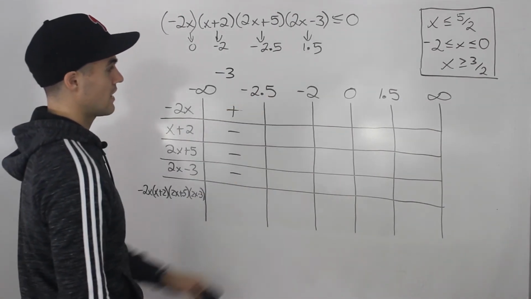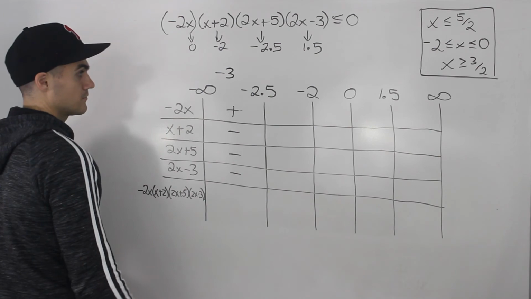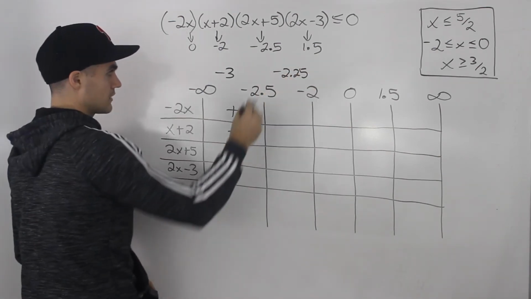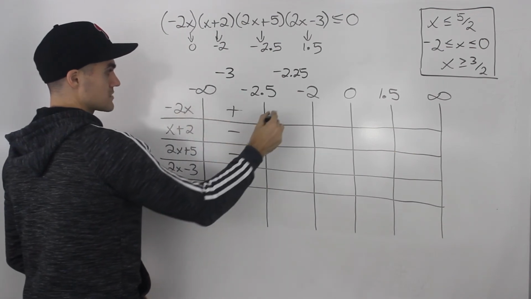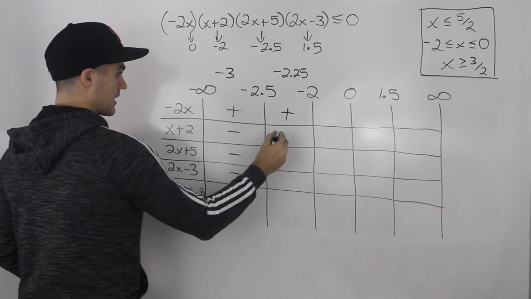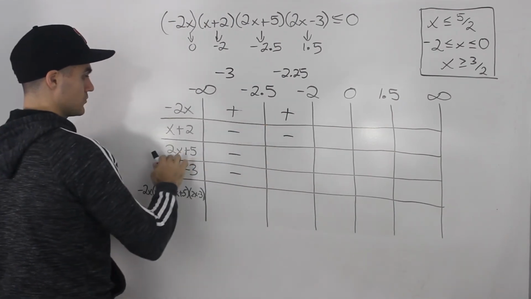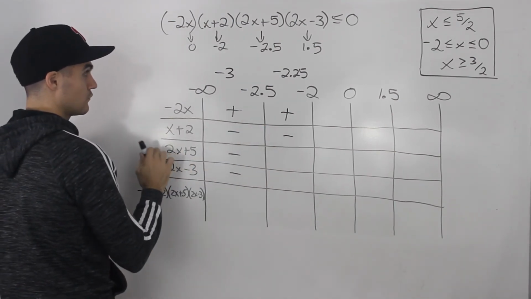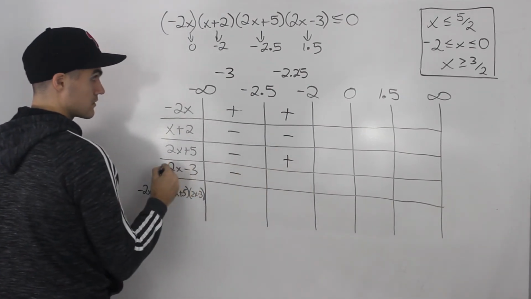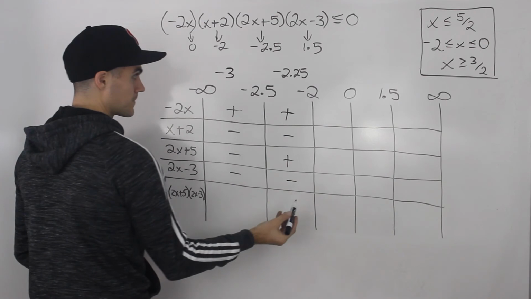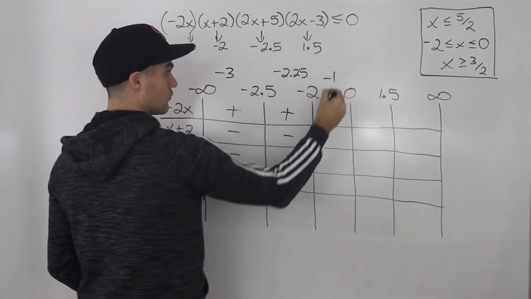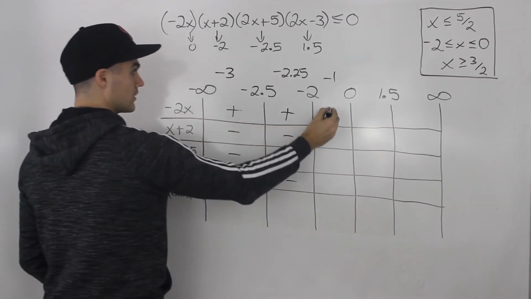Between negative 2.5 and negative 2, let's do negative 2.25. So negative 2.25 times negative 2, that gives us positive 4.5. This would be a negative. 2.25 times 2 is negative 4.5 plus 5 gives us positive 0.5. This would be negative. A number in between -2 and 0 is -1. Plug in -1 here.